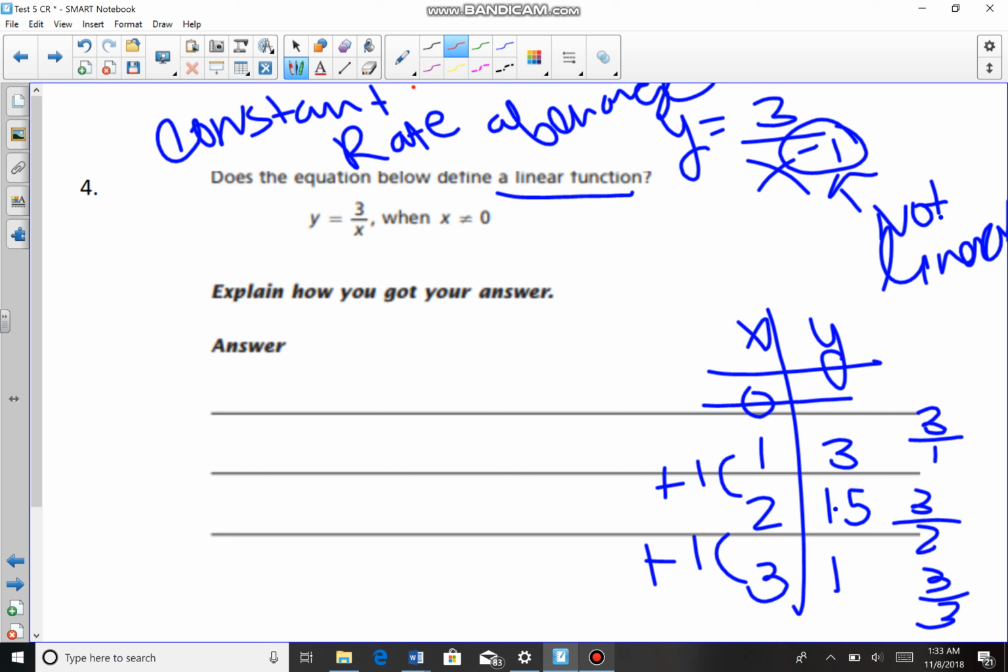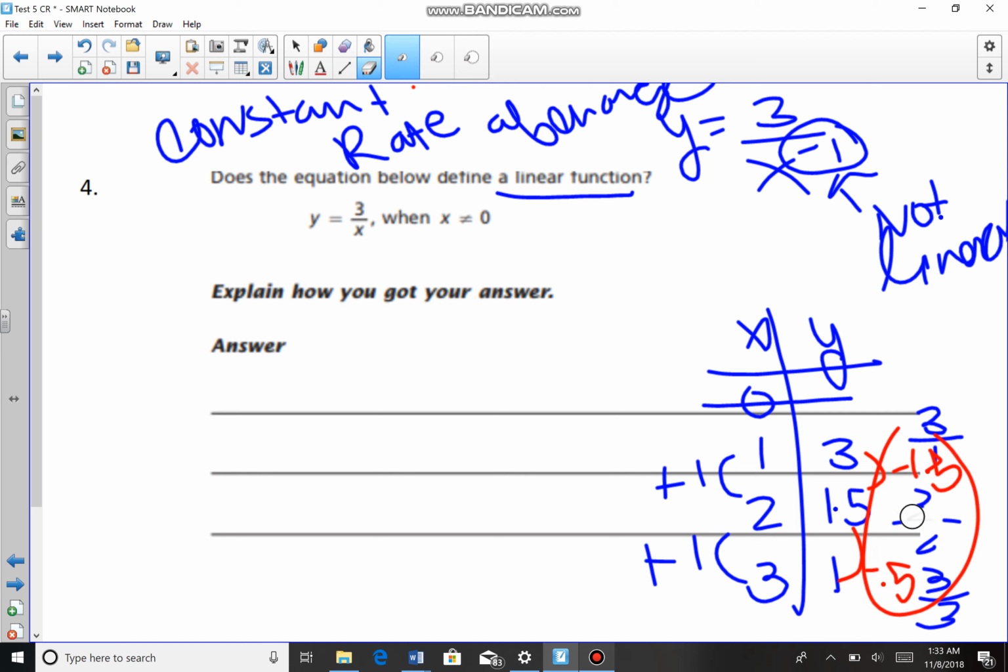So you can see here that the difference between 3 and 1.5 is minus 1.5. And the difference here is minus 0.5. So this does not show a constant rate of change. Just erase some of this so you can see. So we had a negative 1.5, and then a negative 0.5. There's no constant rate of change.